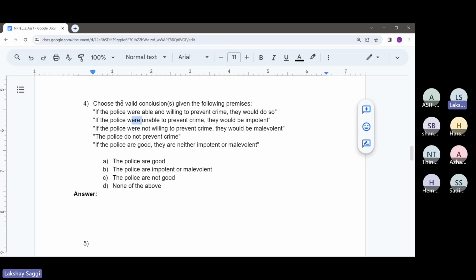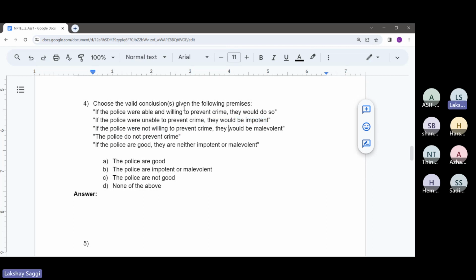So either police are unable to prevent crime or they are not willing to prevent crime. At least this we know from the fact that police do not prevent crime. Since police do not prevent crime, either they are not willing or they are unable. So if they were unable, then they would be impotent.